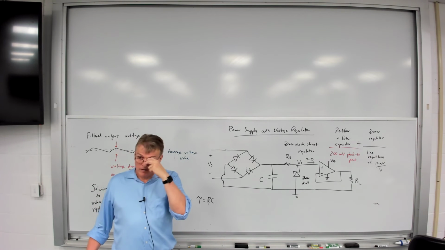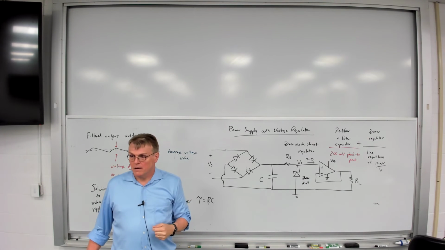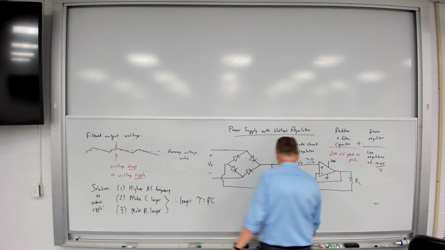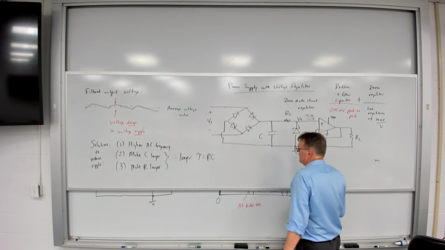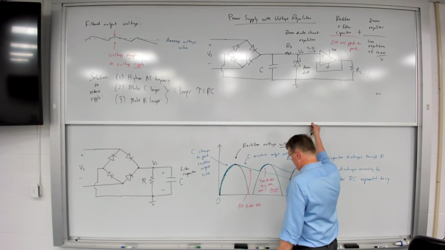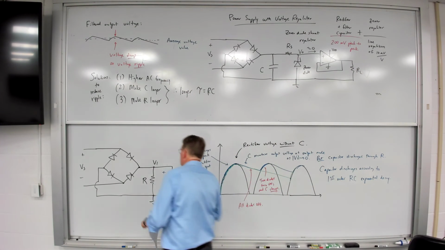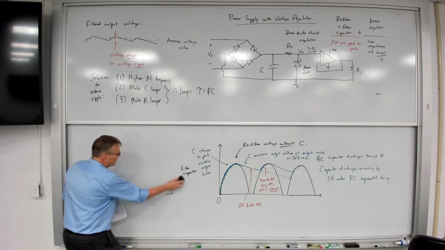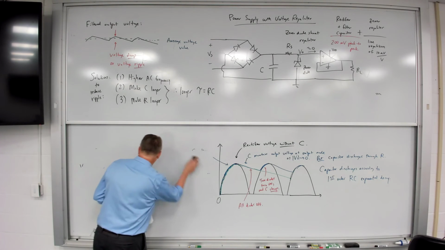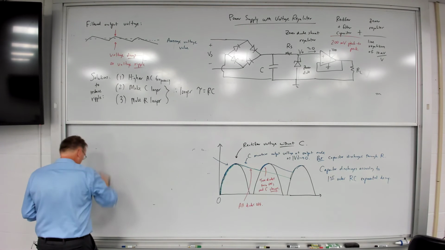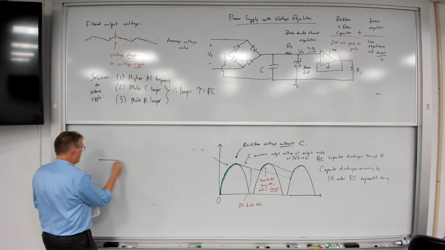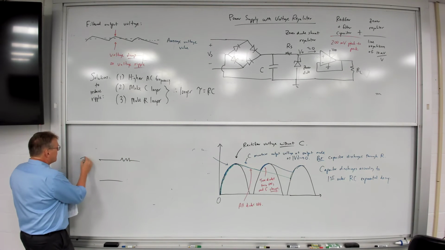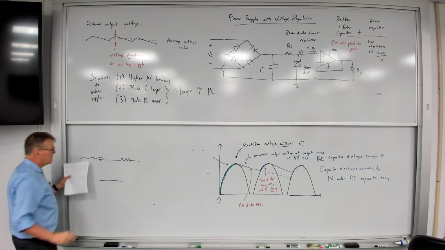Can you explain one more time how the Zener diode regulates? The Zener diode regulator, yes. This is a shunt regulator. We talked about this before. I've got a rippled voltage coming in.